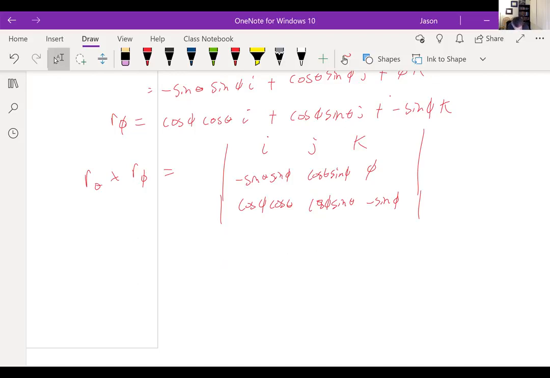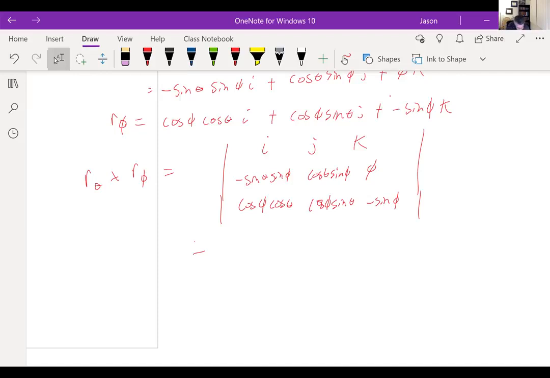Let's compute this cross product. What's going to be for i? It's going to be this determinant, crossing off the row and column. I'm missing a negative somewhere.